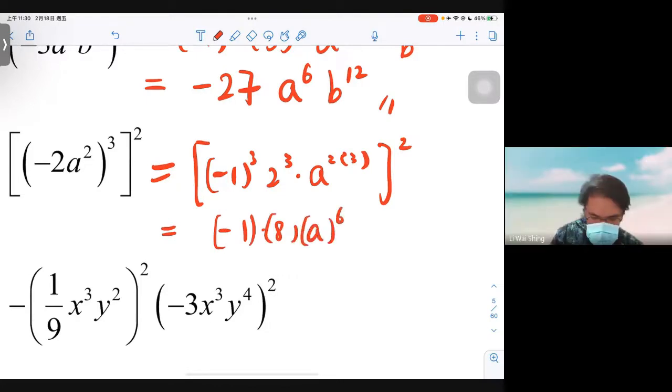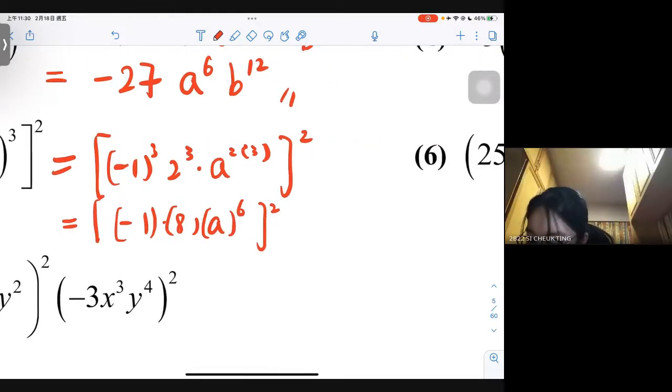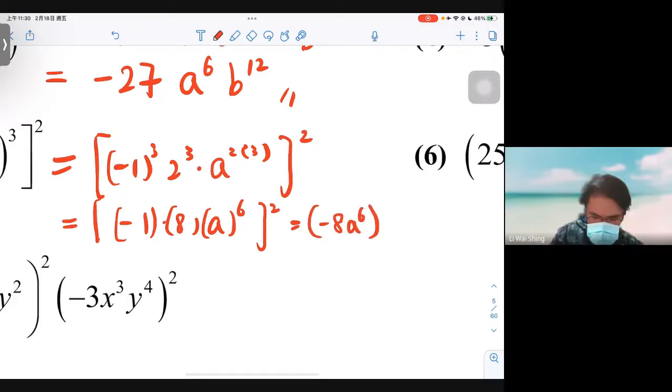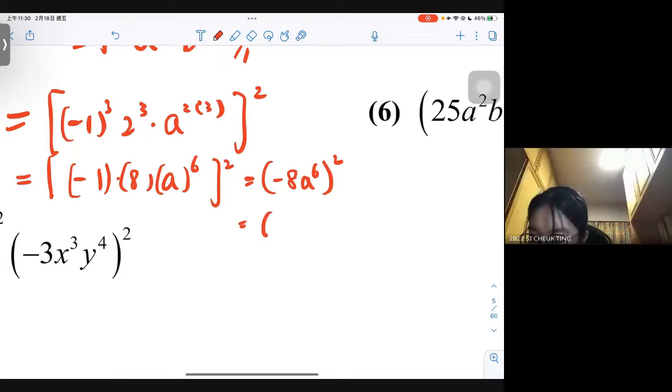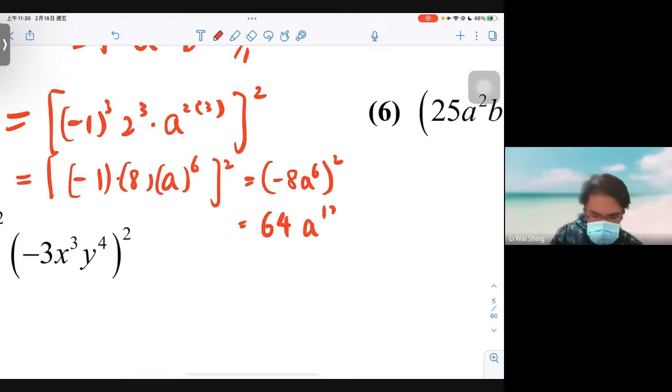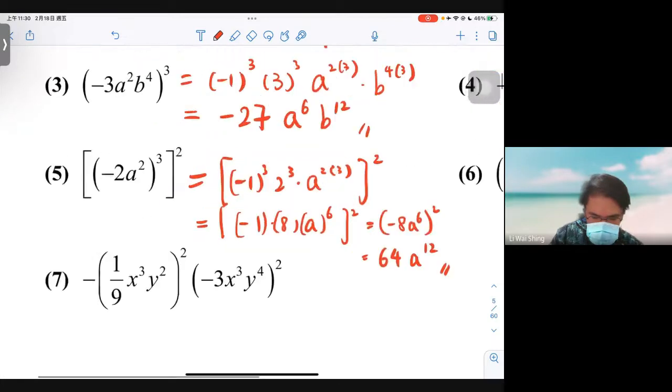Then minus 8 a to the power of 6 square. Yes, 64 a to the power of 12. Very good, very clear.